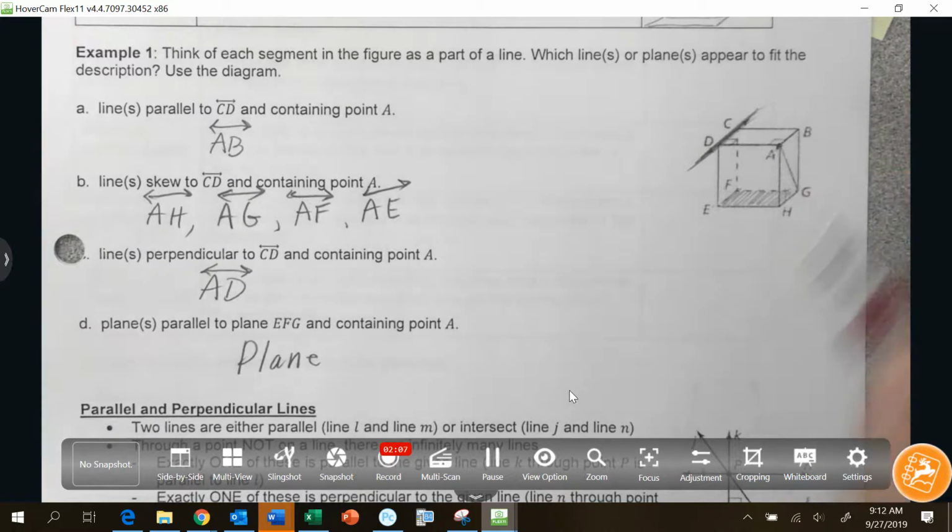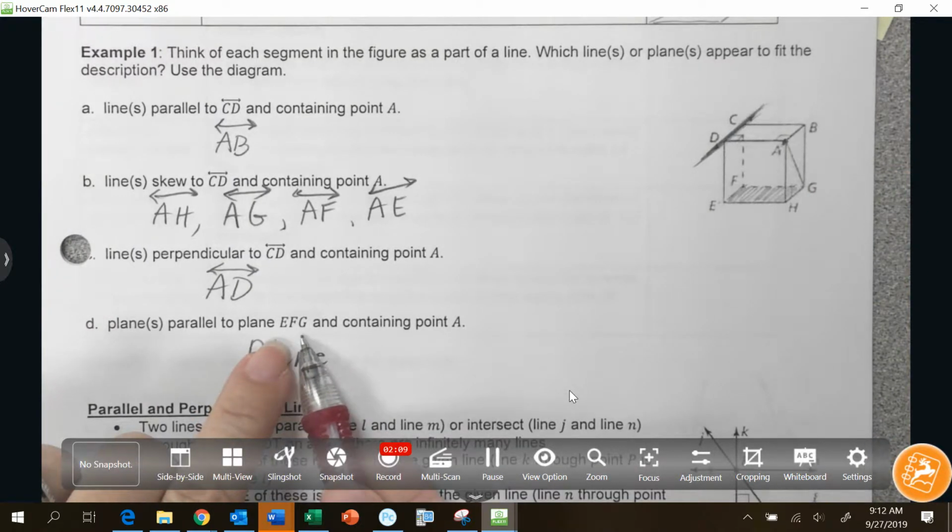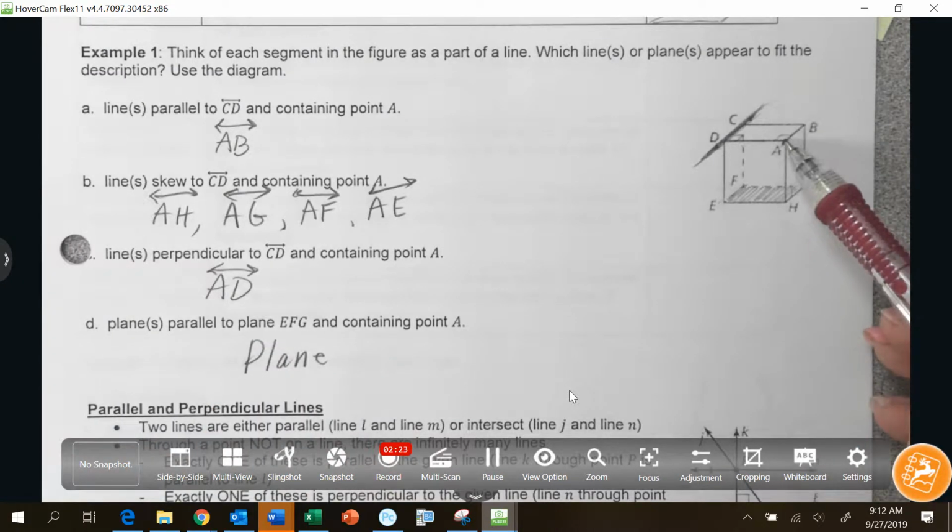How many letters do we need to name a plane? One if it's the name of the plane, but none of these are planes. So how many points, I'm pointing at it, how many points do we need to name a plane? We need 3. So give me 3 points.